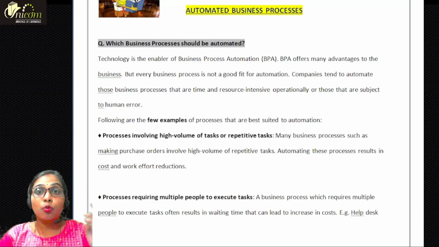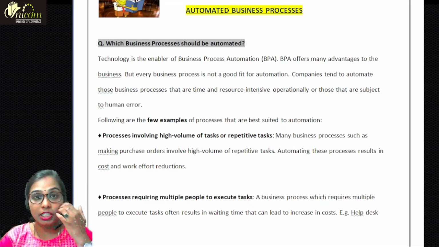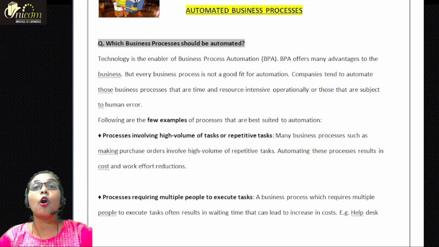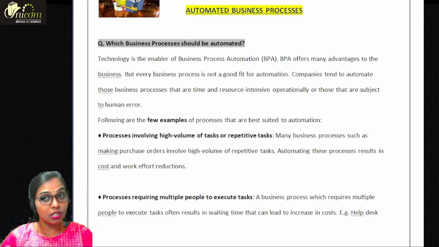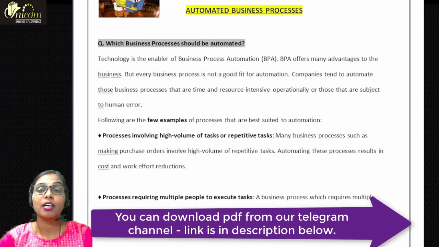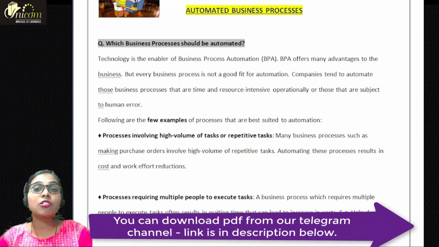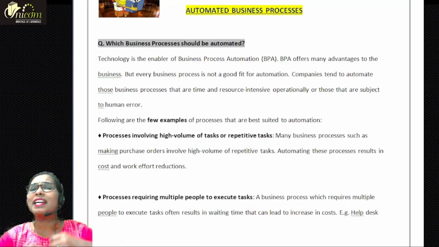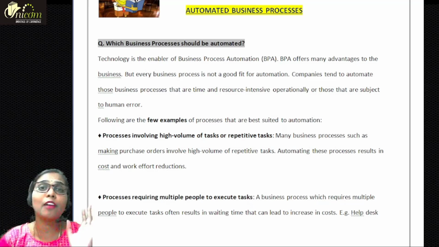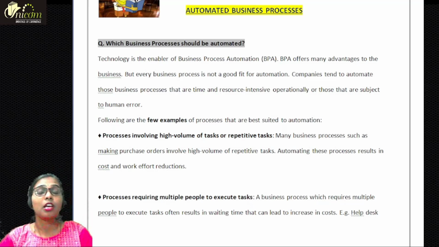With the help of this technology, the automation of the different business processes of the organization has increased. Business process automation has many advantages, and these advantages are very helpful for the growth of the business and for the profitable position of the business.